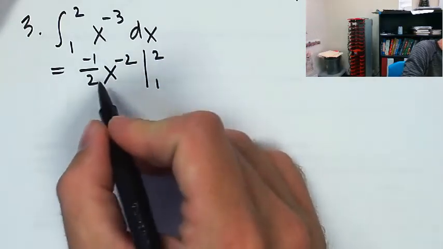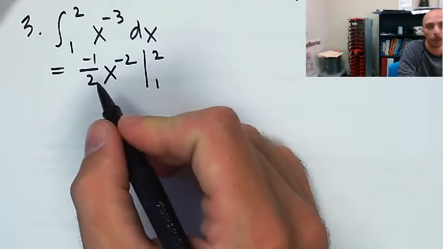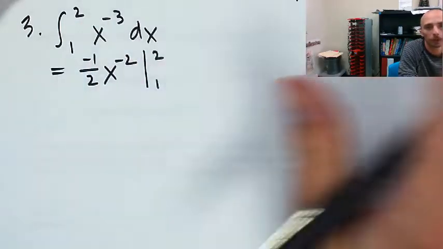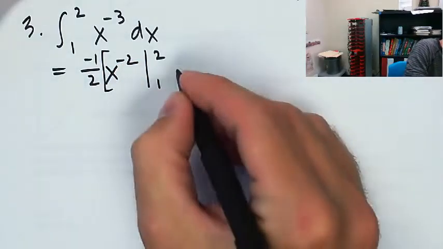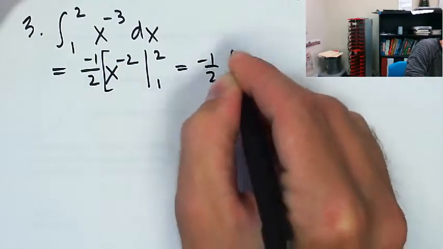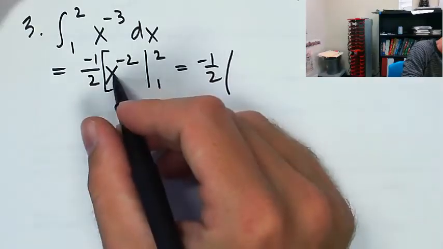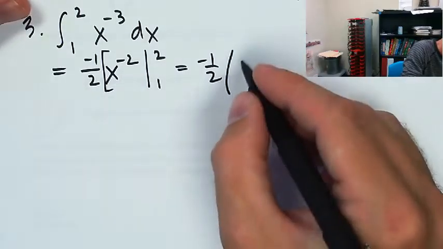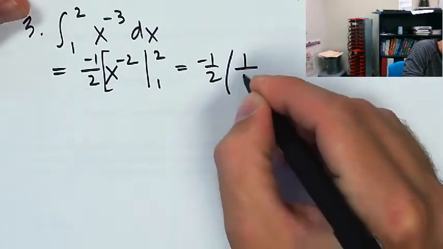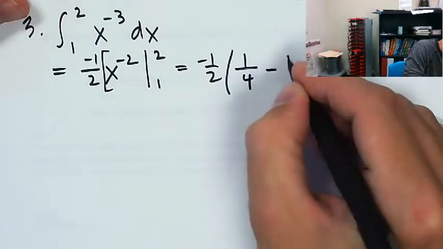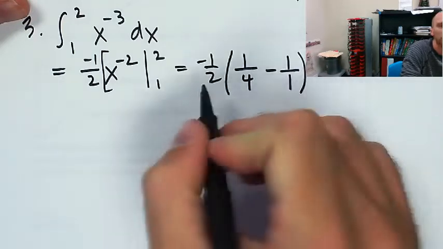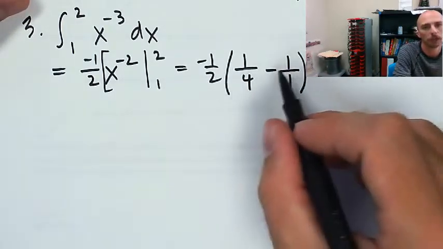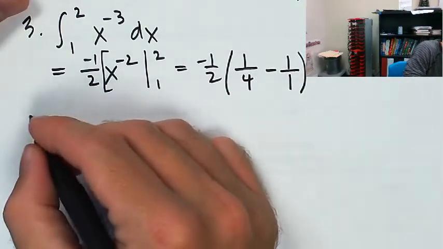One thing you can do here is if you've only got one term, or if you've got that negative 1/2 on all the terms of your antiderivative, you can factor out the negative 1/2. So that's negative 1/2 of, x to the negative 2 is 1 over x squared, so 1 over 2 squared is 1/4, minus 1 over 1 squared, which is 1. We could take this farther if we had to, but we don't, so I'm going to stop there.